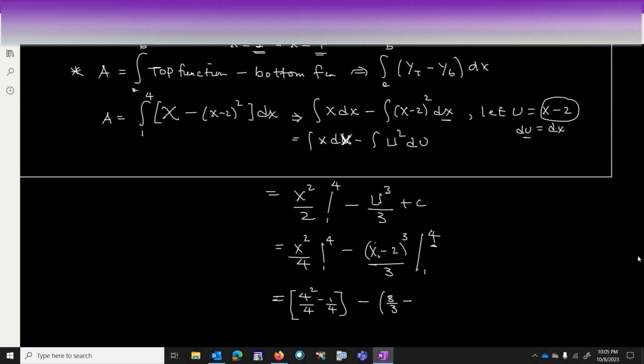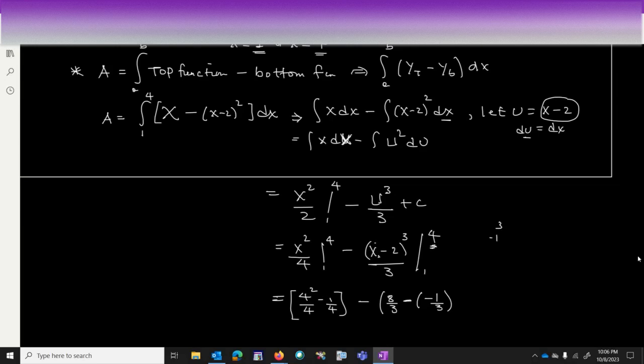Minus, the next time you plug in 1. 1 minus 2 is negative 1. Negative 1 cubed is still negative 1, so that's going to be minus negative 1 over 3. Remember, the 8 over 3 is for the 4.